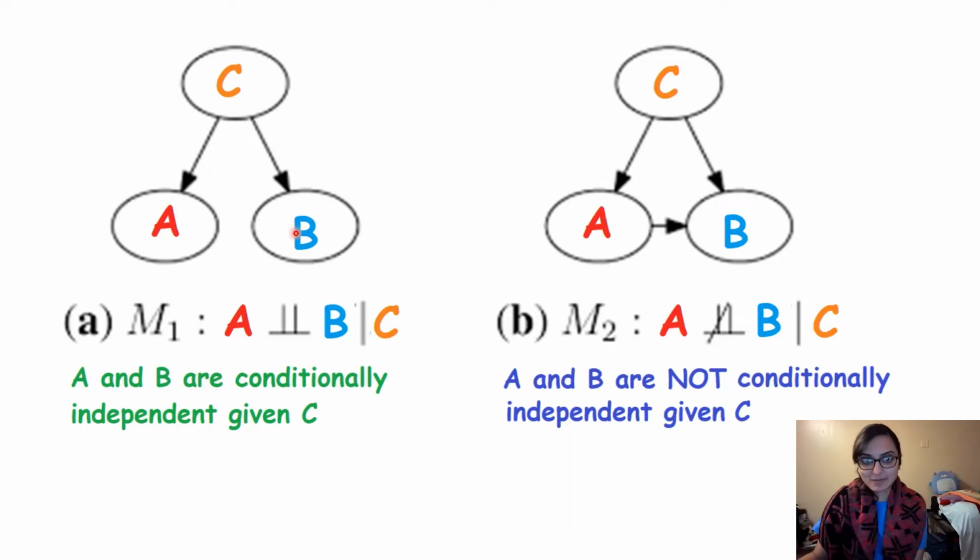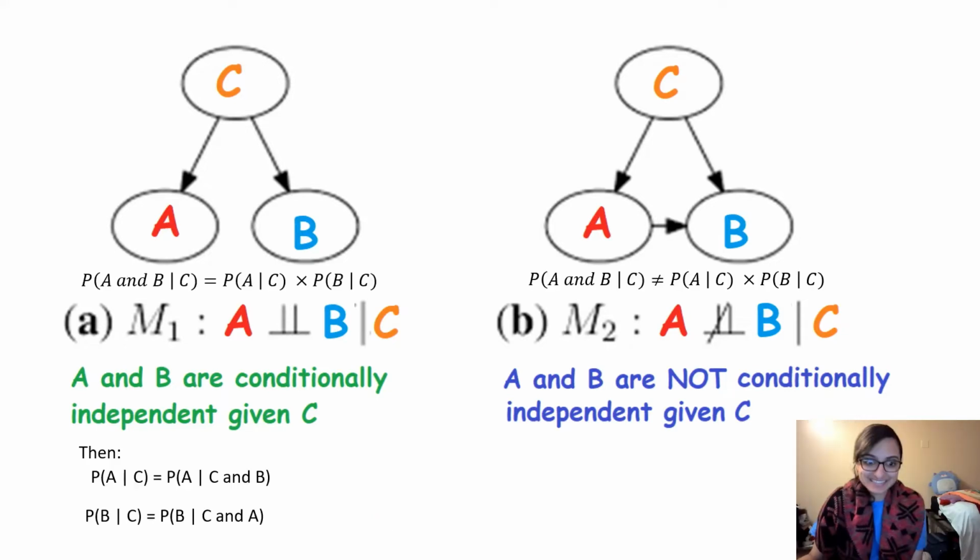And the probability of B given C is the same thing as the probability of B given C and A. So those are the probabilities that are here as well.